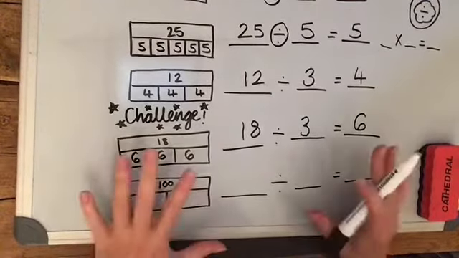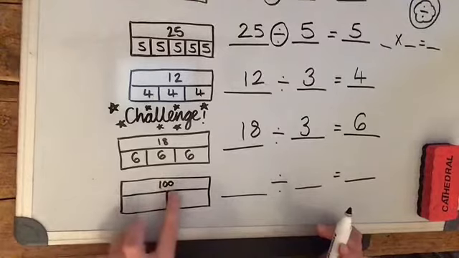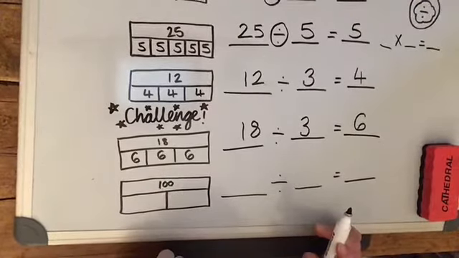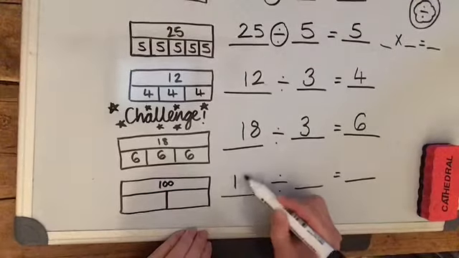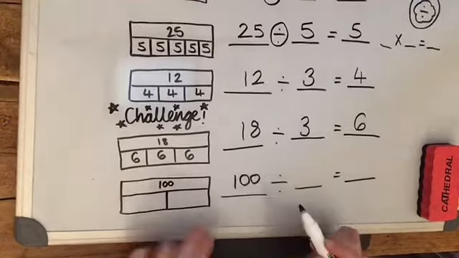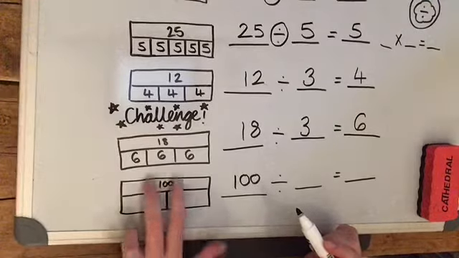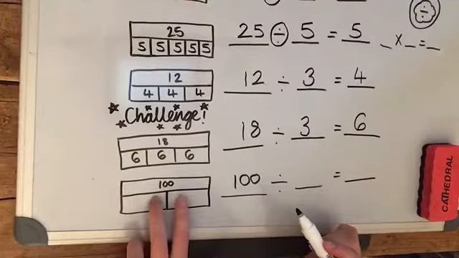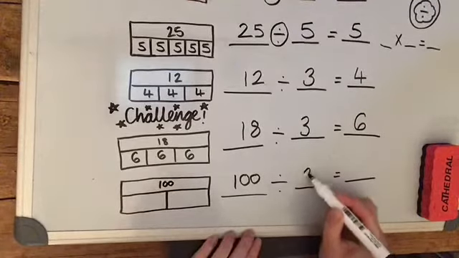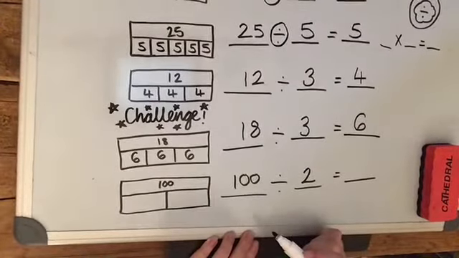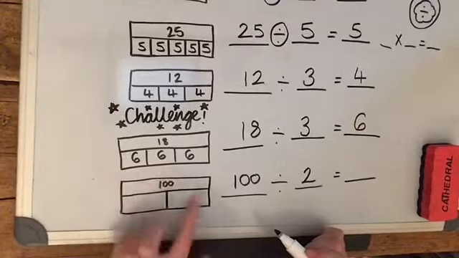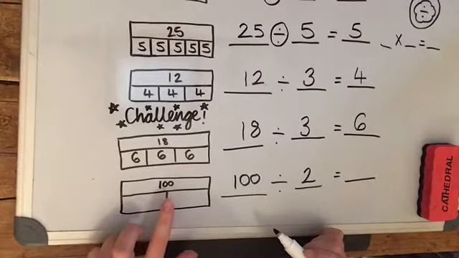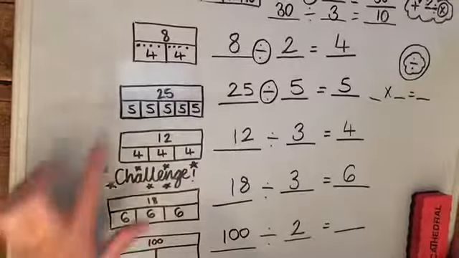We've got our largest bar at the top, which is telling me that I've got 100. So that's going to go here. And it's dividing by sharing between 2 equal groups. So I'm going to put 2 here. Okay? Now this is where you can use your knowledge of halving and doubling, just like we did with this one up here.